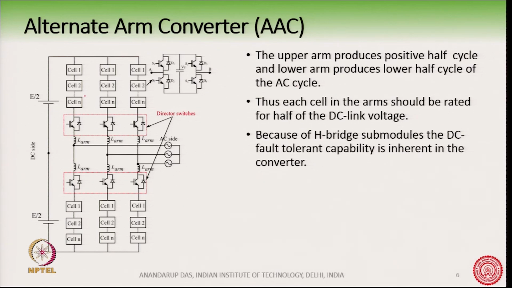So, each arm, rather, not each cell, each arm should be rated for half the DC link voltage. Okay. So, let us see how this happens.